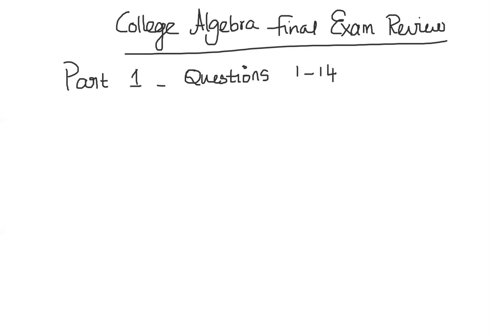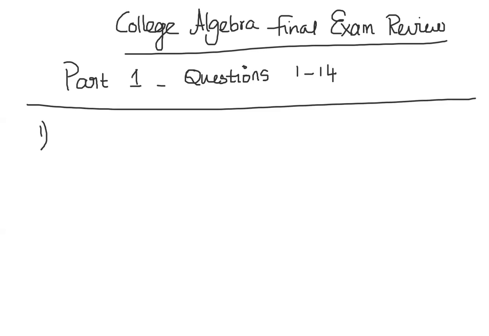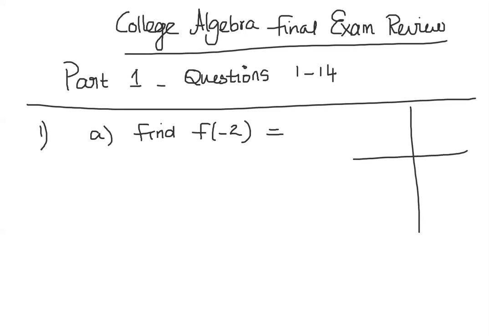So the first one, we are given a graph and we have to identify f of -2. You go to -2 on the x-axis and see where the graph is meeting.